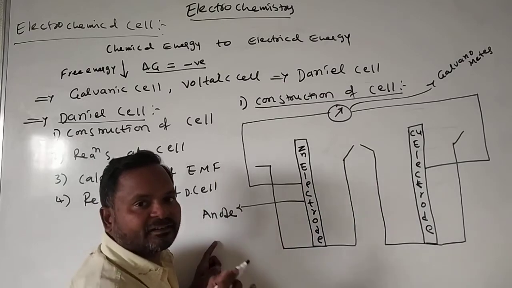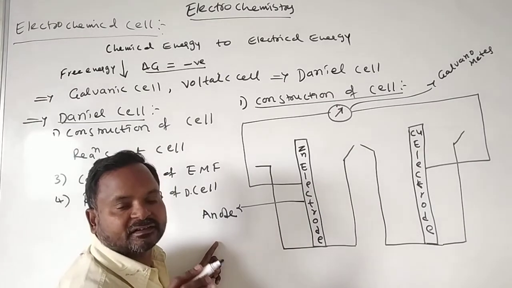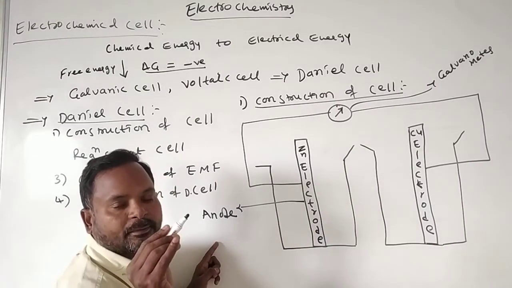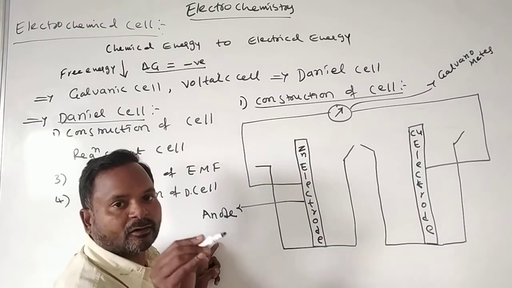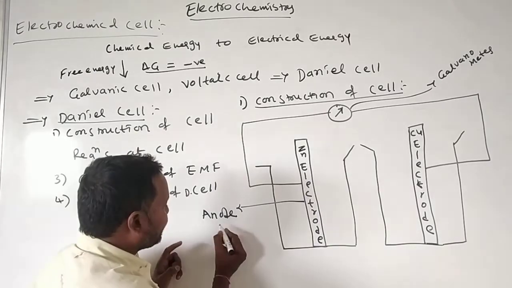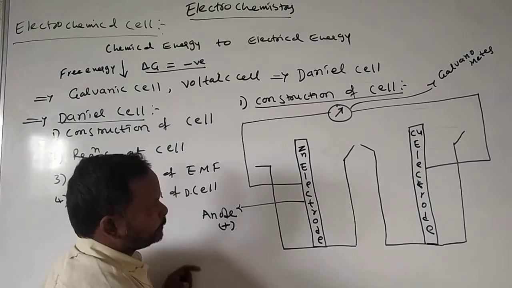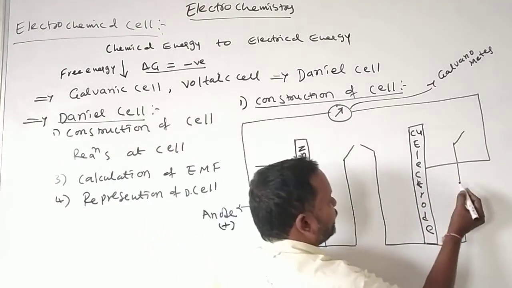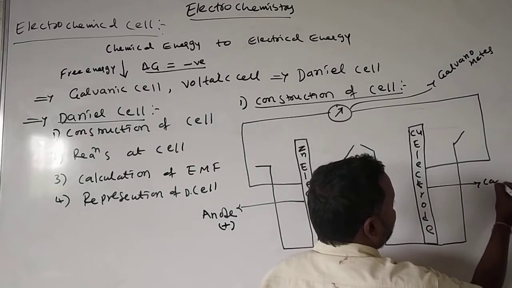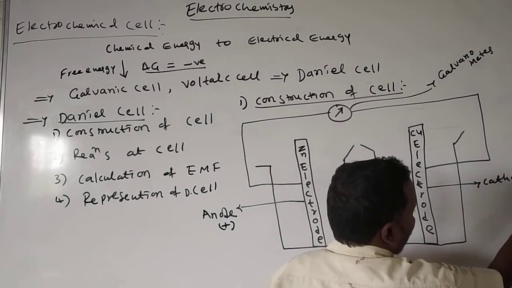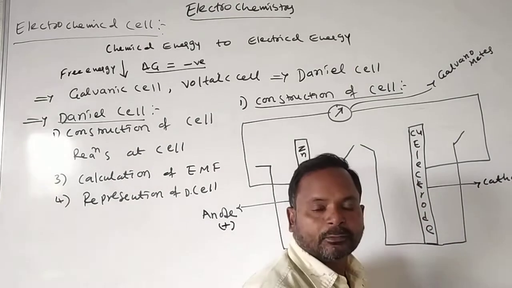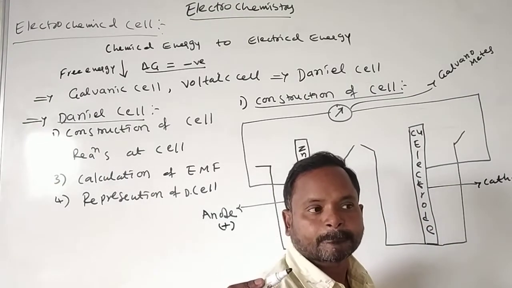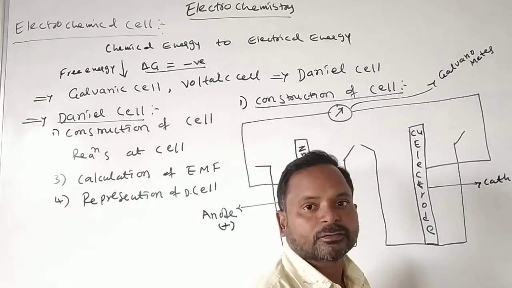Anode means the electrode which attracts the anion. Anion means negative charge. We call it the anode, and it carries positive charge. Here on the right side we have the cathode. What is the cathode? The electrode which attracts the cation we call the cathode.